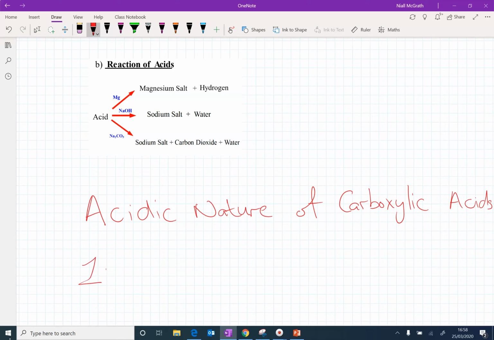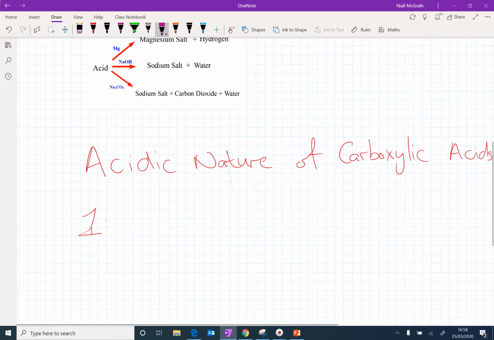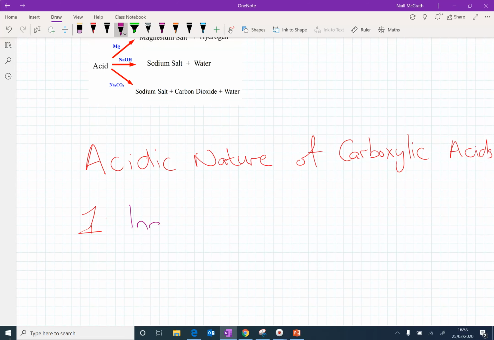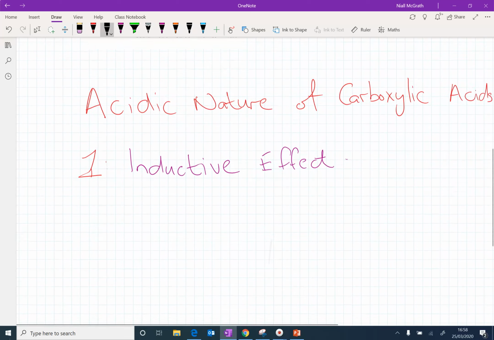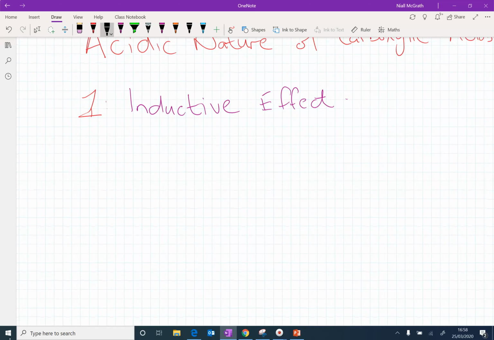Okay, so first thing we're going to look at is the inductive effect. What the inductive effect means is that if we look at the structure of a carboxylic acid, O double bond C to our side chain, and we have our OH group.